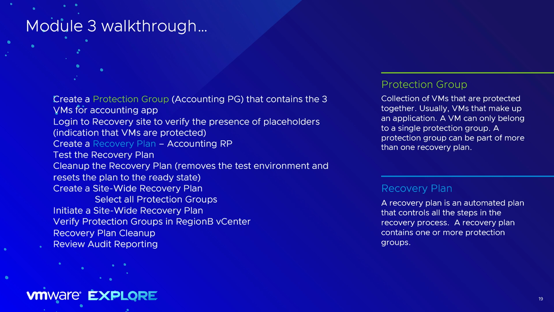Let's get started. I'm going to cover this in the walkthrough, but I put it up here just as a reminder: what is a protection group, and what is a recovery plan? You can think of a protection group as a collection of VMs that you want to be recovered together. I see a lot of protection groups are usually based on an application or a service.